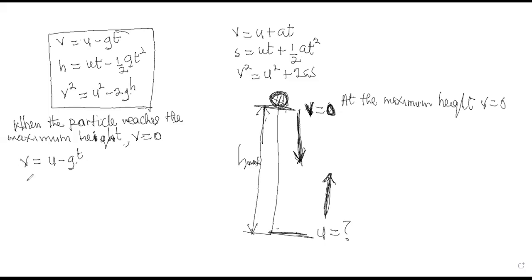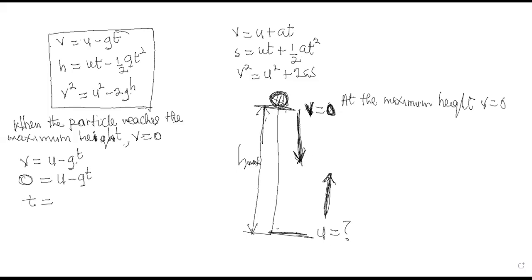At the maximum height, V is 0, so we equate 0 to U minus GT. Can somebody help me make T the subject from what we have? Gideon, just help me make T the subject.